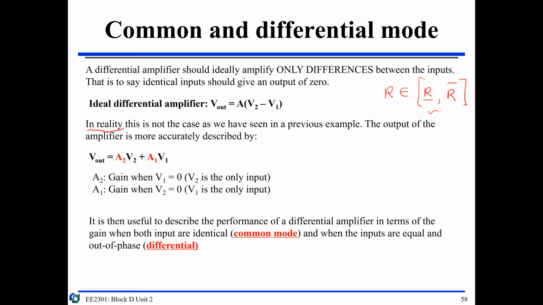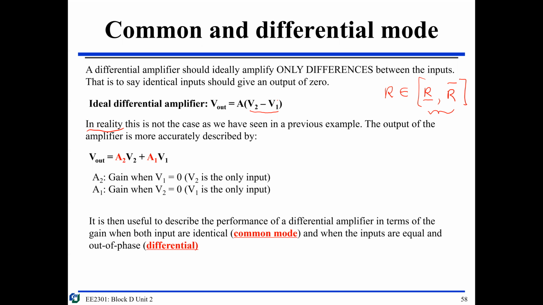There are infinite possibilities inside this interval, right? It's plus or minus 5% or plus or minus 10%. So it's hard to find two resistors with identical resistance. There's always a difference. Then this differential will never be zero.